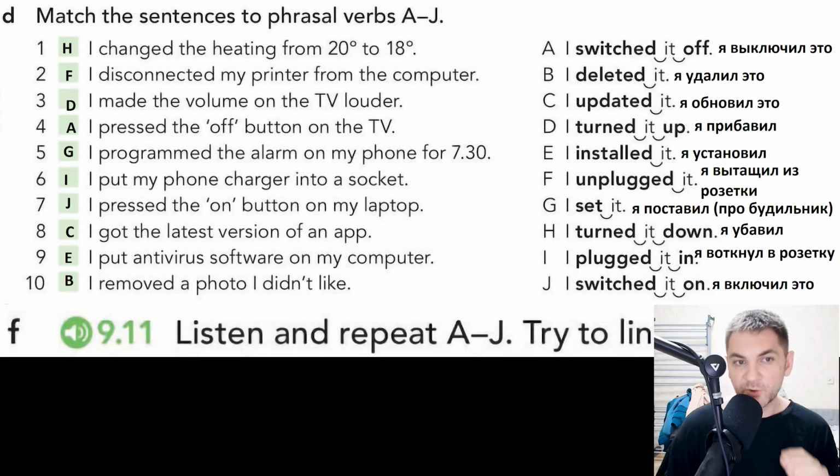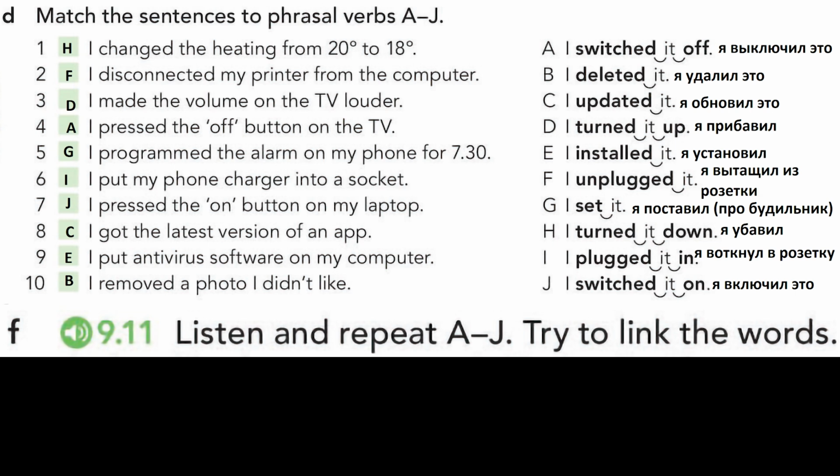Right now, practice saying these phrases. This time, try to link them and copy what the speakers in the audio say. A. I switched it off. B. I deleted it. C. I updated it. D. I turned it up.